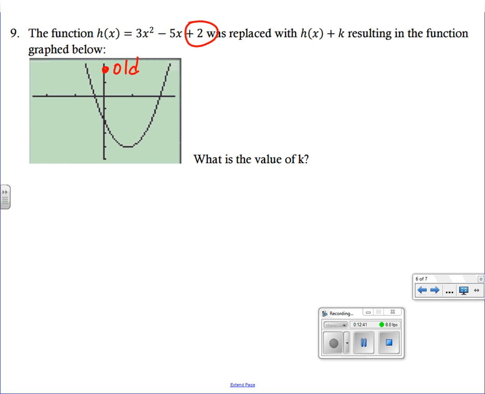Where is it on the picture? Very good. Okay, so that's -2 and that's +2. And Dylan, how do you go from the old to the new? Yep, how many? From the old to the new, did you go up or down? -4. Okay.